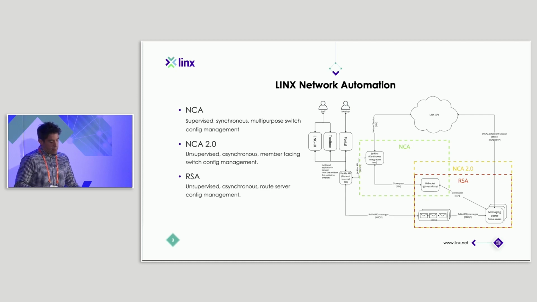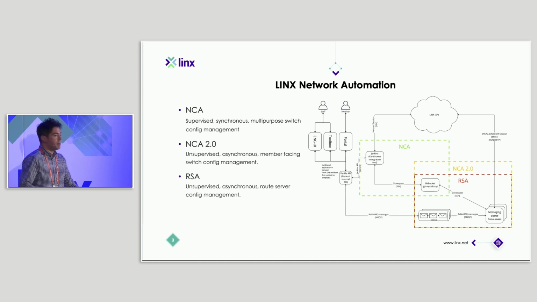And all of this is basically great. The only problem is that it wasn't really very scalable, very reliable, but not very scalable. So we built a newer version, which was basically unsupervised, asynchronous, and member-facing switch config management that relies on a messaging queue and some consumers.